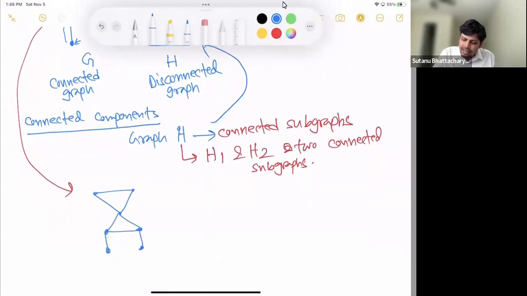Now, if you delete one vertex, suppose this vertex, and also delete the incident edges on that vertex, then what will happen?